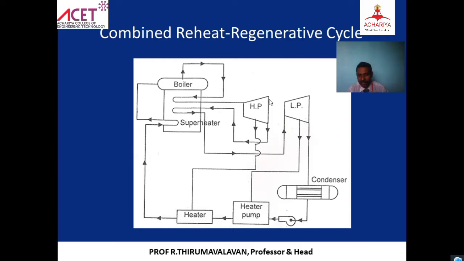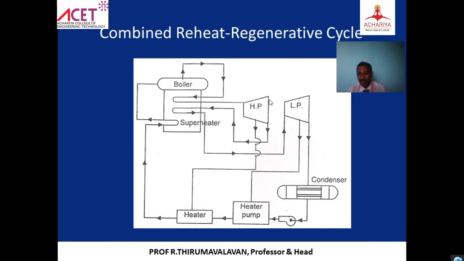But in the other cycle, in the high pressure boiler the temperature is high, and the pressure is also high. Then, in the regular Rankine cycle, the same fluid is used for the low pressure stage also.